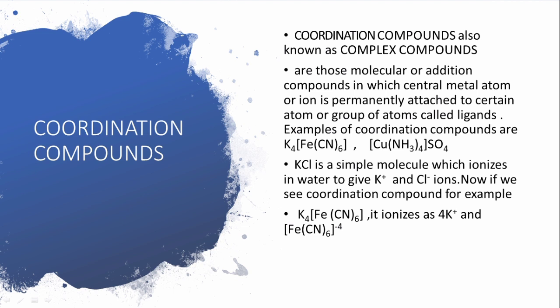Now, if we take a simple molecule like KCl, it just ionizes in water to give K+ and Cl- ions. But if we take a coordination compound, for example K4[Fe(CN)6], you see that the part in the square bracket does not ionize.